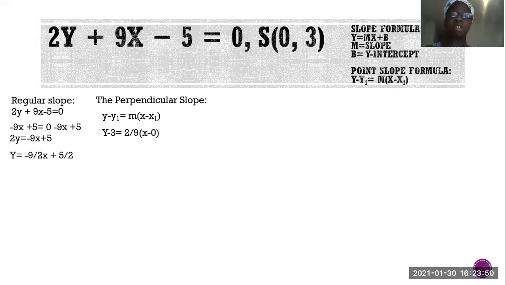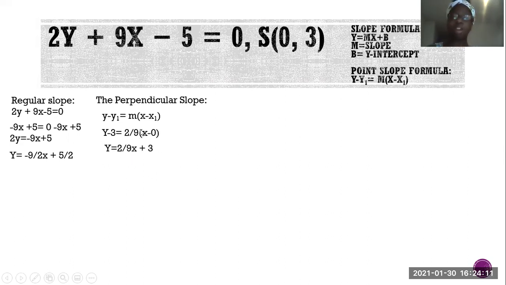So when we got our things figured out, we'll just distribute the 9 over 2, which will be 9 over x. And then this is a 0, which means this will just cancel out. And now that we have the 9 over x, we'll just plus 3 to get y by itself. And this will be our perpendicular slope.